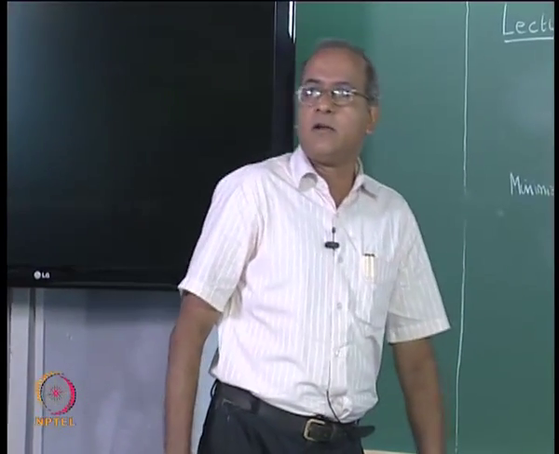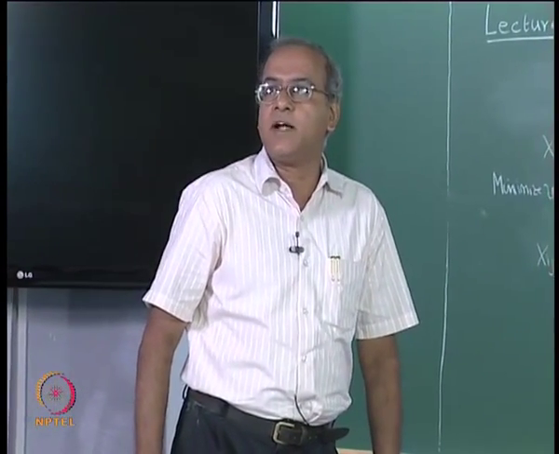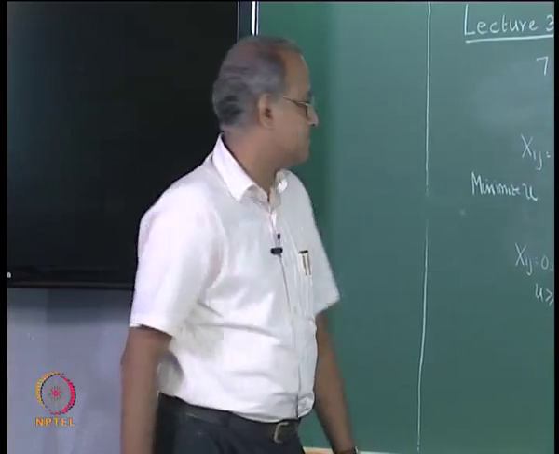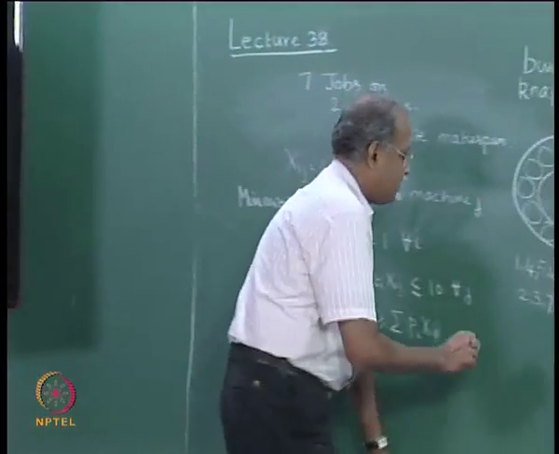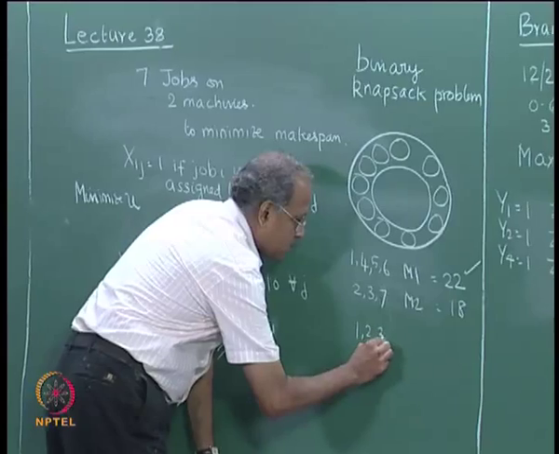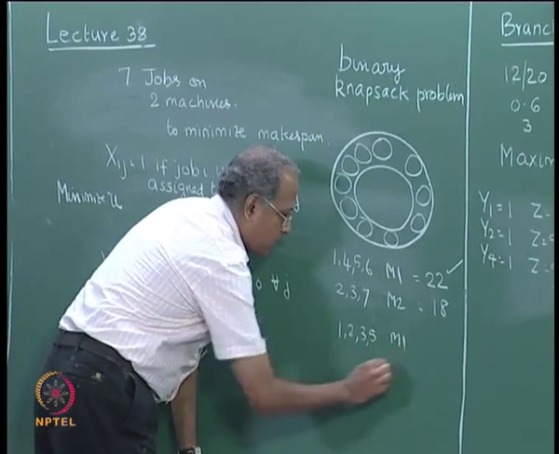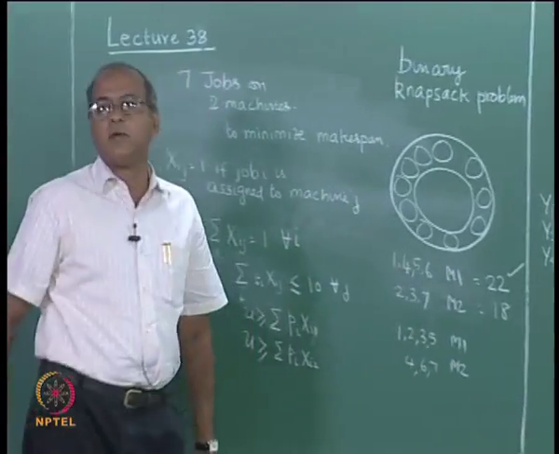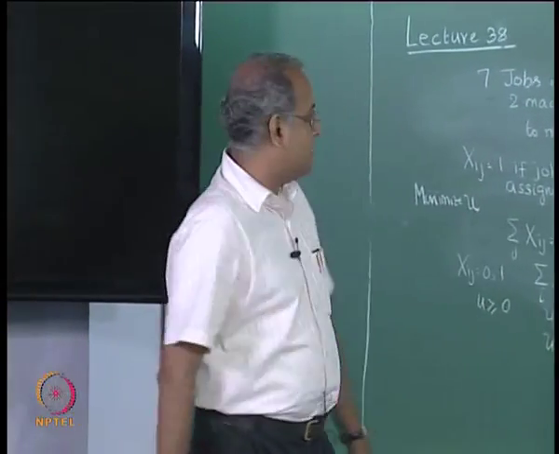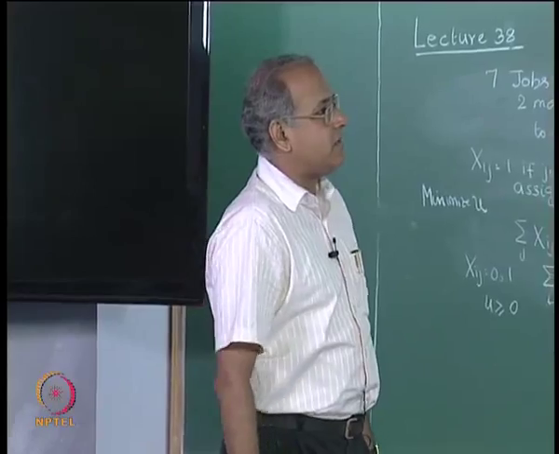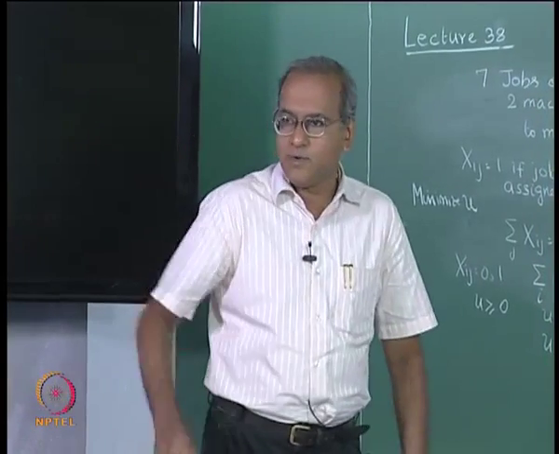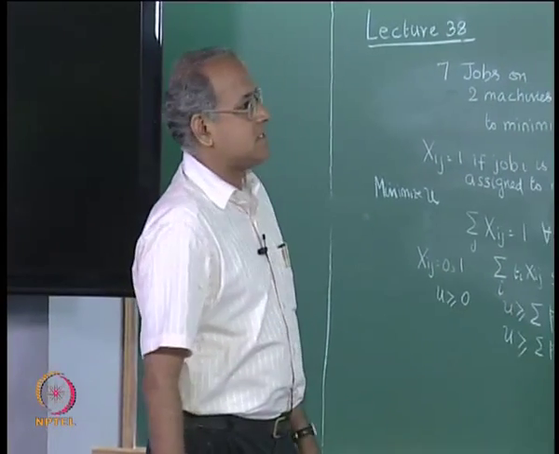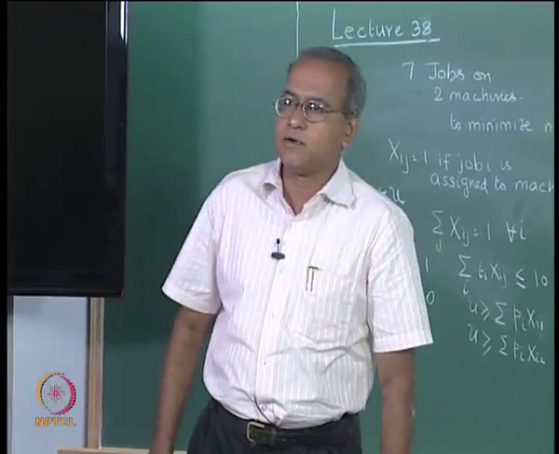If we had looked at 1, 2, 3 and 5 on M1, and 4, 6, 7 on M2, as an alternate solution, 1, 2, 3 and 5 have tool equal to 10, and 4, 6, 7 also have tool equal to 10.